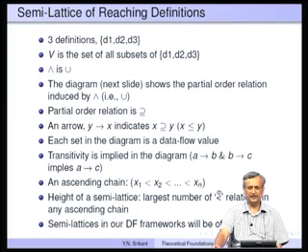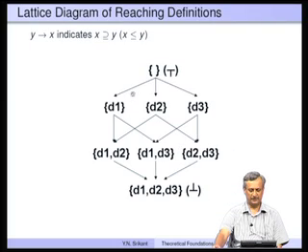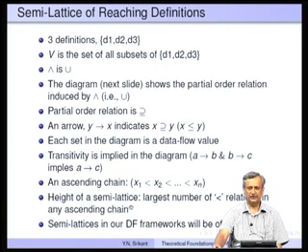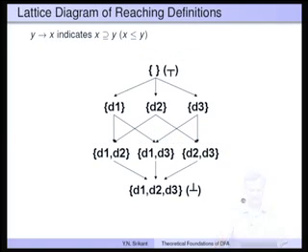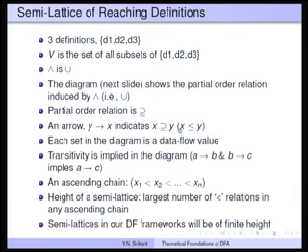So, this entire thing is an ascending chain, and the height of a semi-lattice is the largest number of less than relations in any ascending chain. If you look at this, 1, 2, 3, there are 3 edges which traverse to the top, and 3 is the height of this particular semi-lattice.